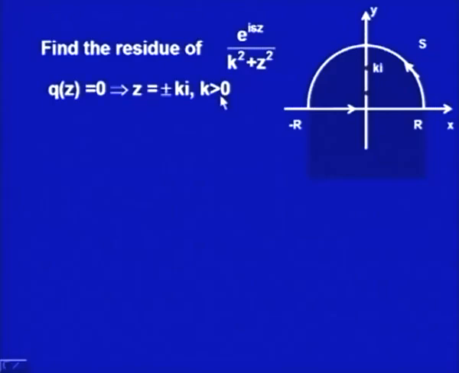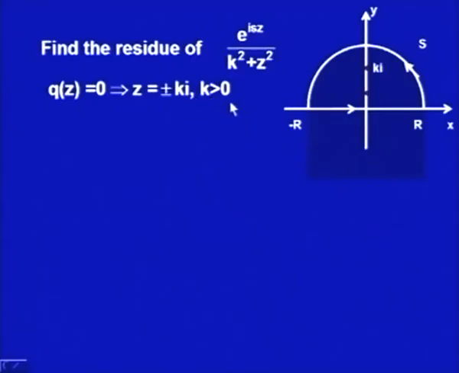Of course, why I am assuming k is positive, you would have got that. If k is positive, then plus k I would be in the upper half plane and minus k I would be in the lower half plane. If k is negative, then actually minus k I would be in the upper half plane. So, without loss of generality, if k is negative, I can say k is some minus n where n is positive, and thus we can always assume k to be positive.